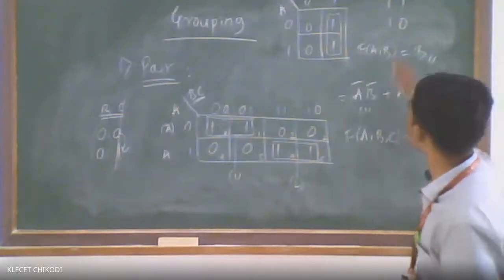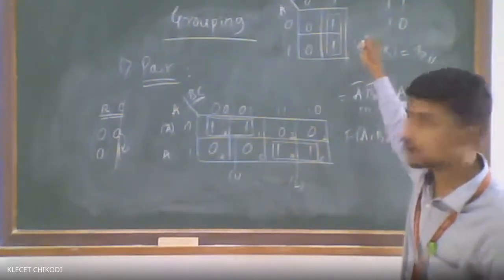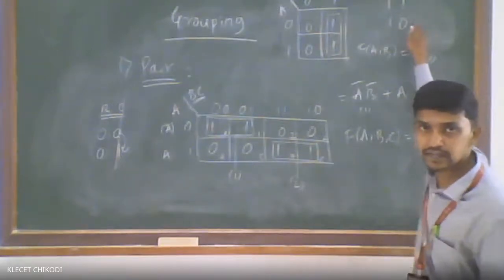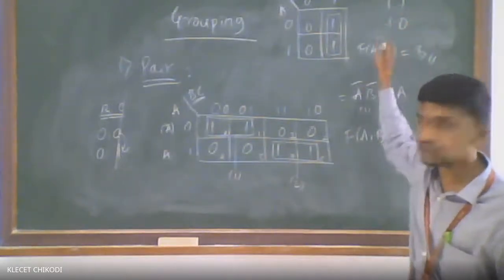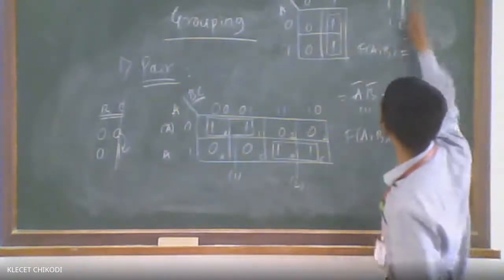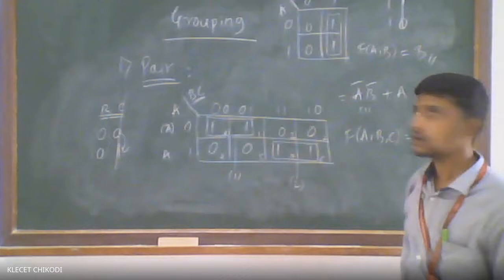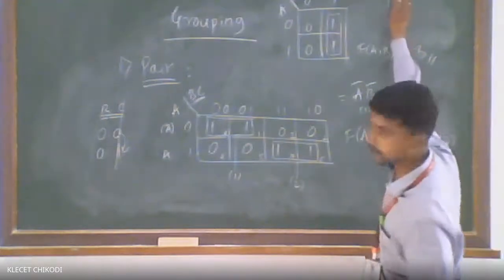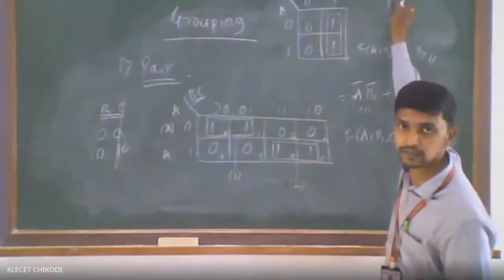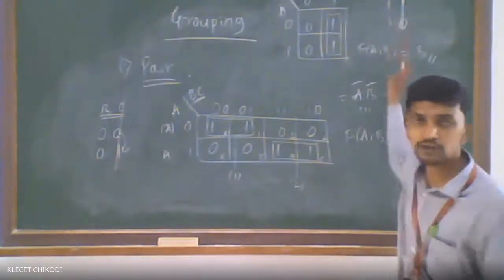So there is a transition of C from 1 to 0, right? Whenever there is a transition from 1 to 0 or 0 to 1, you do not take that variable. We keep the remaining variable, and that variable B has value 1.